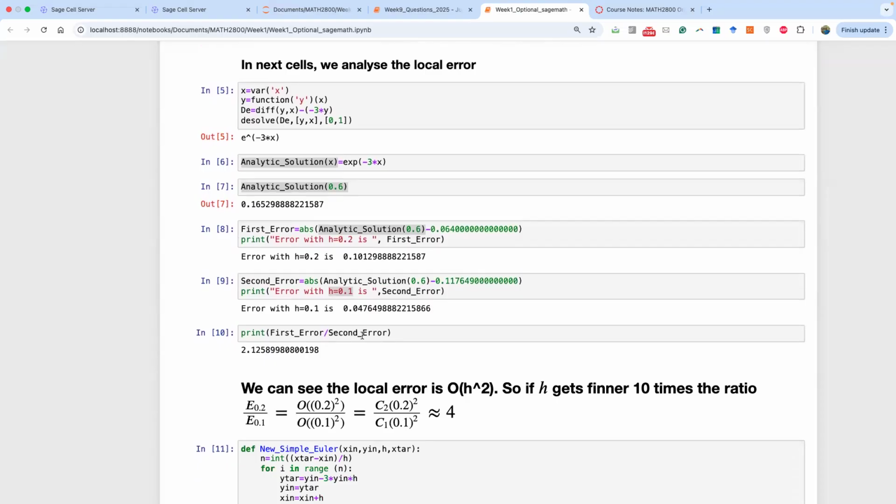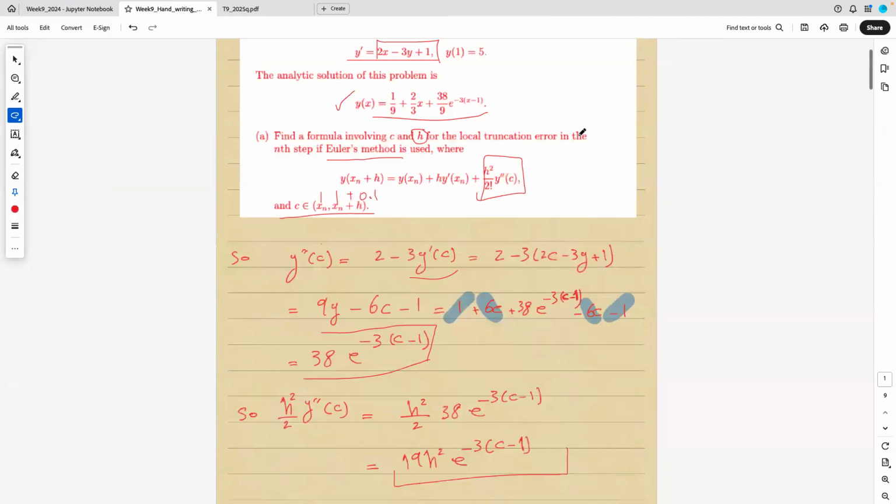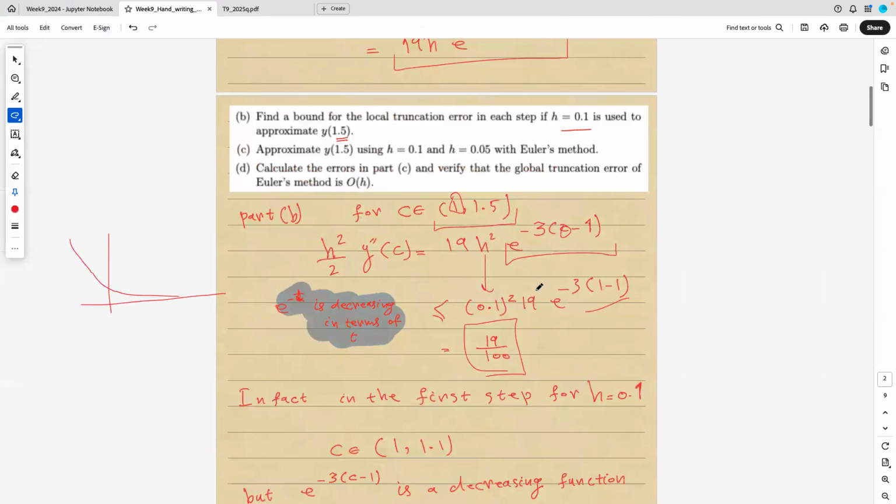Now let's take the first error divided by the second error. I get this one. Okay, so this is the expected result using the Euler method. So the global truncation error here is big O of h.